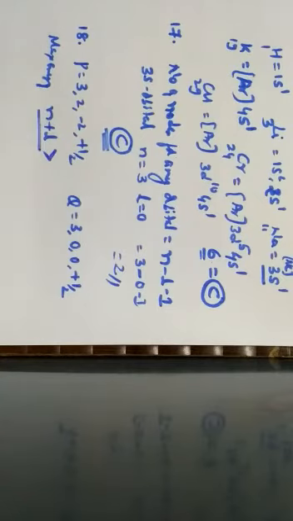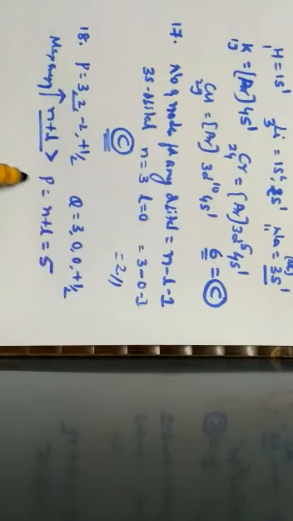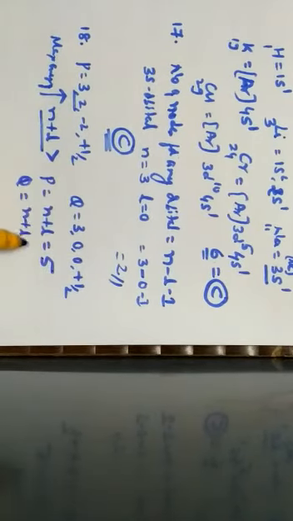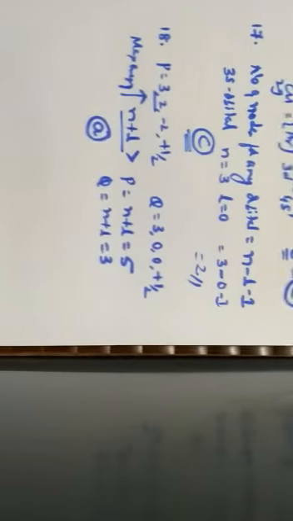If the value of n plus l is greater, the energy will be maximum. In this case, for P, the value of n plus l is 5, and for Q, the value of n plus l is 3. Hence, we can clearly understand that P has greater energy than Q, which is given by option A.